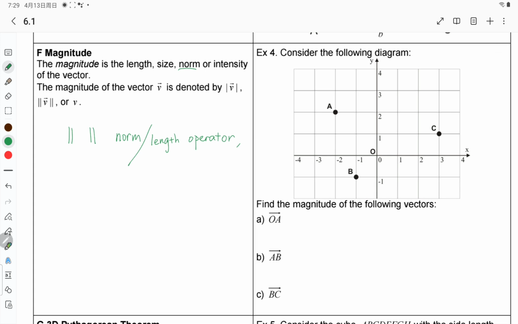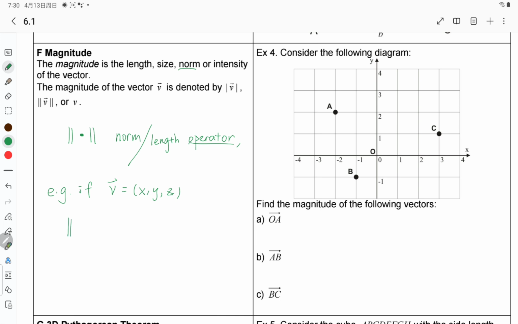For example, if v is, say, x, y, z, then this operator means that any entity or object in here is going to go through this norm or length transformation.